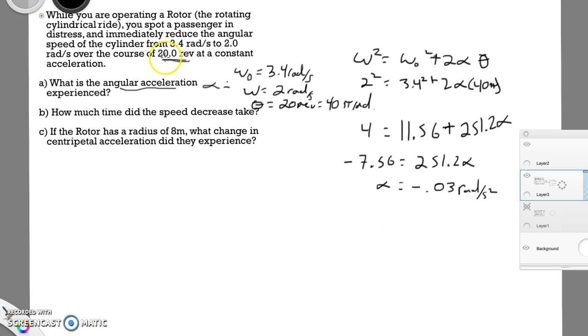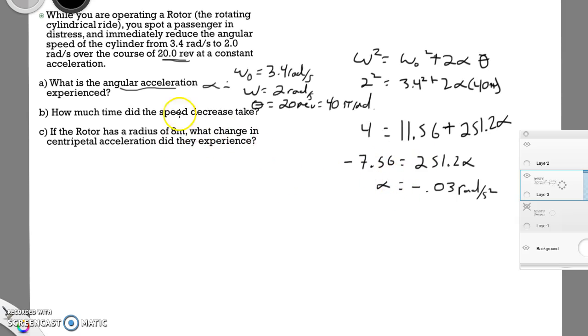Okay, which if you look here, it spun a whole bunch of times before it got to that final velocity. Which, kind of in the context of this problem, clearly this ride operator doesn't really care about the passenger that much because they're not really slowing it down at much of any kind of urgent rate there.